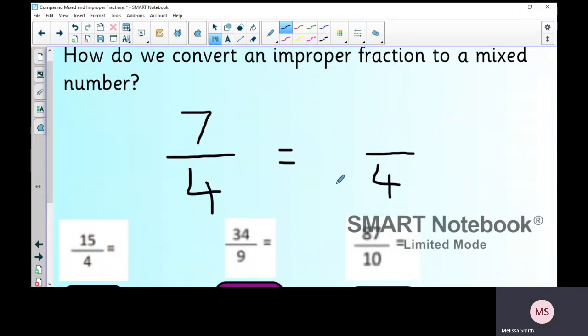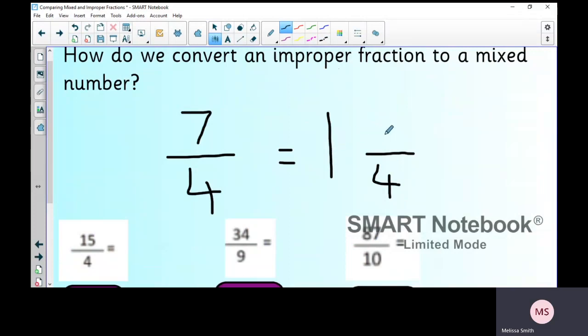And to do that, we say to ourselves 7 divided by 4. An easier way, how I like to think of it, is how many 4s go into 7? Well, 4 goes into 7 one whole time. That is my whole.